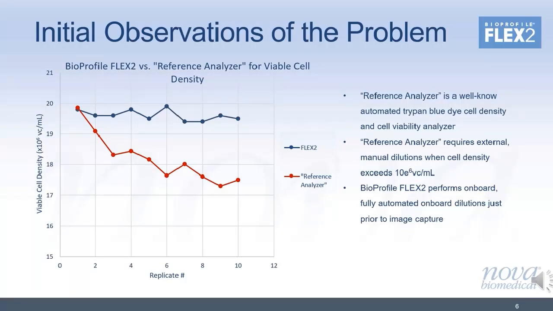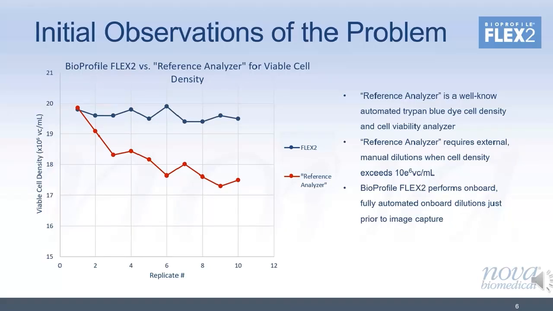The issue that we found moving forward was that it really seemed to depend on the amount of time that the sample sat after dilution. Sometimes we would see very good results, sometimes we would see very different results, and that posed a significant challenge to us because sometimes our results seemed to be 10 to 20% higher.